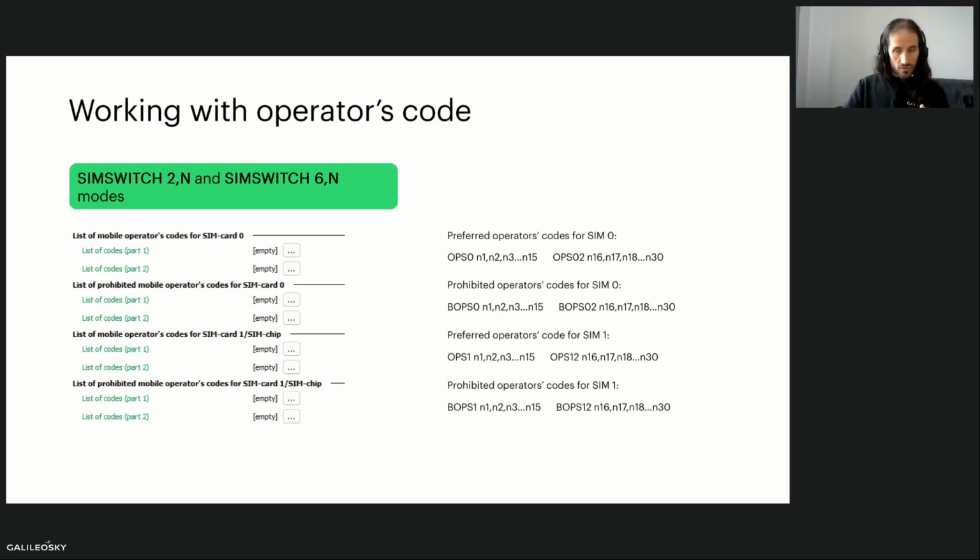Maybe you can use the graphical configurator as you want. You will open the list and add all the codes, or you can send the different commands and add the different codes, and it will be like that, just that. Okay.